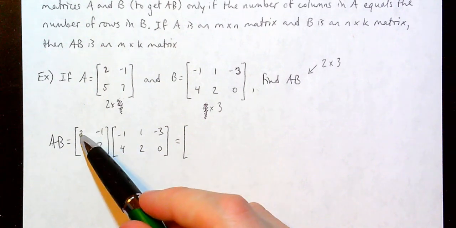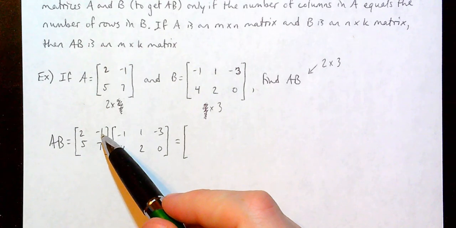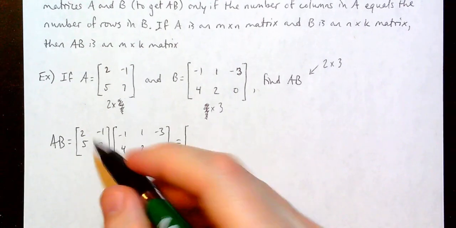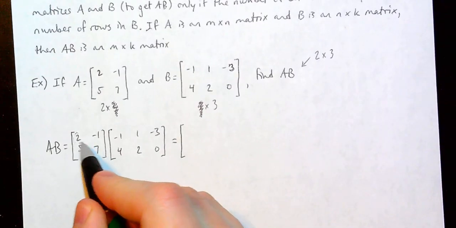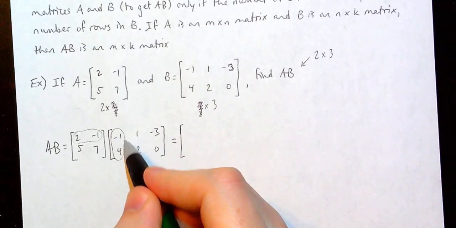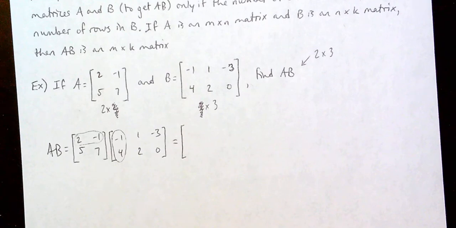It's the row from the first matrix listed and the column from the second matrix listed. So I'm looking at a 2, -1, and then the -1 and 4.